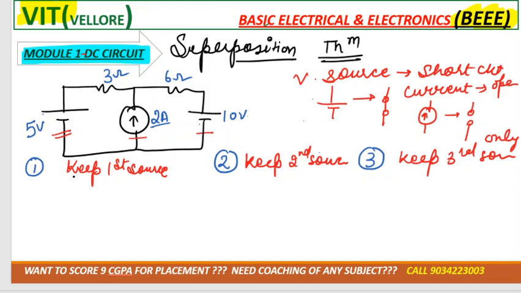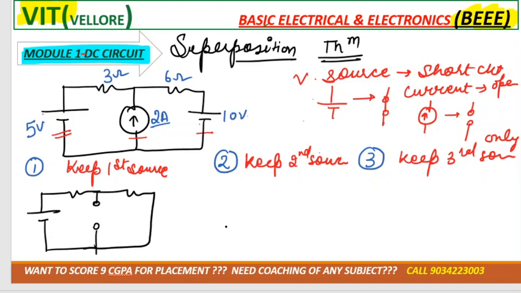Current source must be open circuit. So keep first source means the 5-volt source, the current source is open, and the other voltage source must be short. Keep second source means the voltage source must be short, keep the current source as the second source, and this one also short.